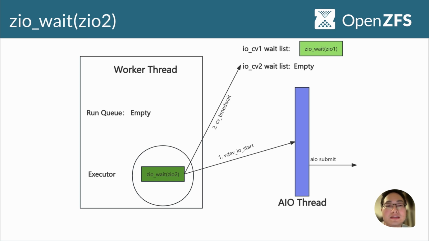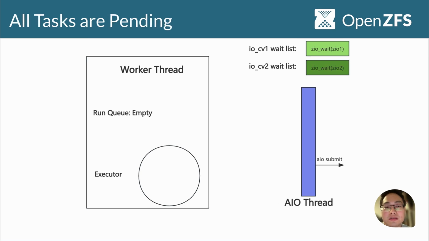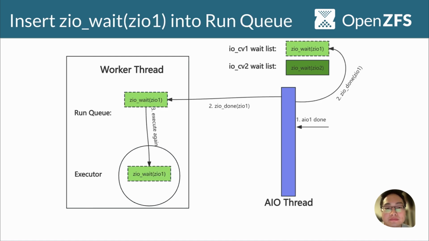The ZIL2 task works the same as the ZIL1 task. It will add itself into the wait list of LCV2. In this state, the ZIL1 task and the ZIL2 task are both waiting on their LCV. When the IO request of ZIO1 is done, the AIO thread will call ZIO done.